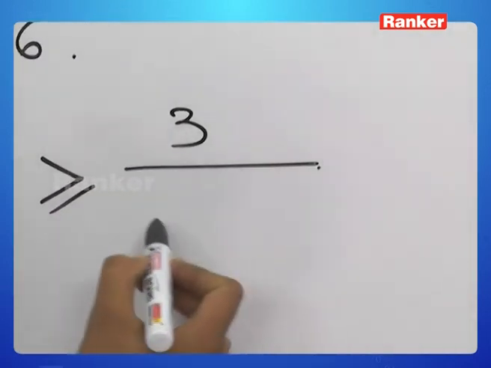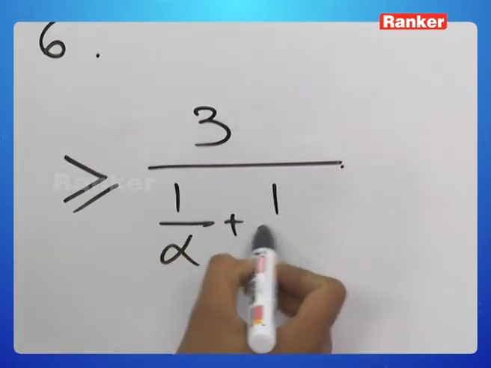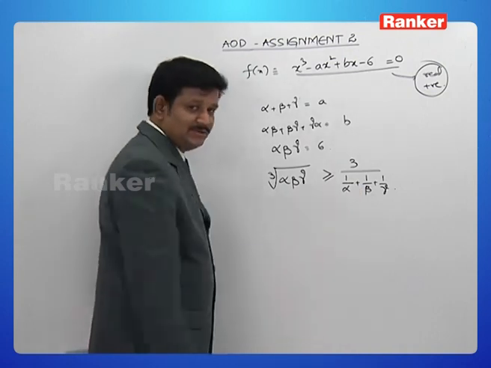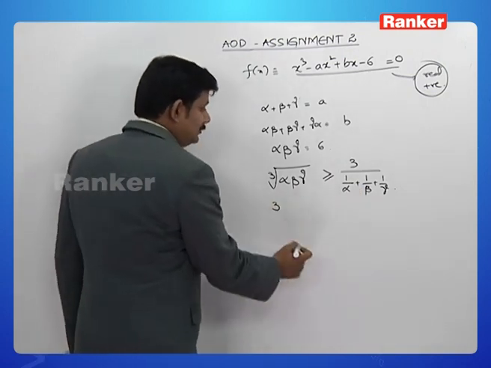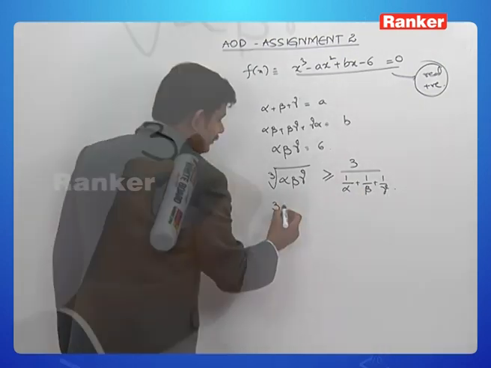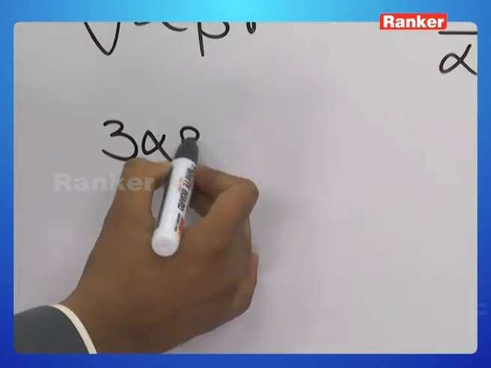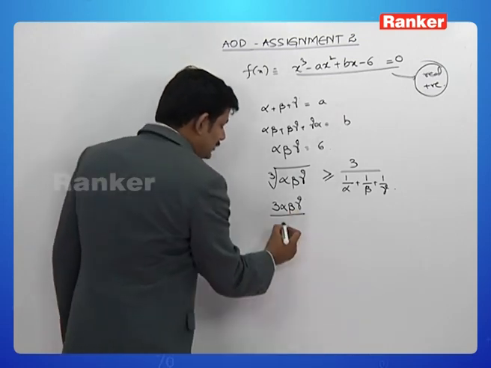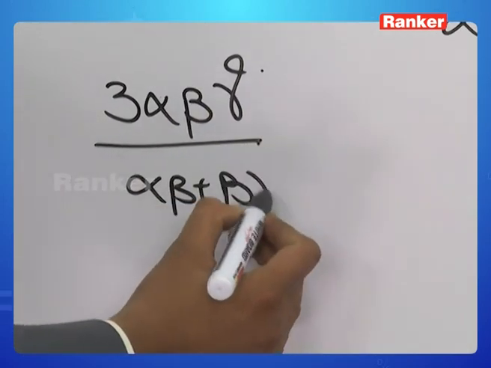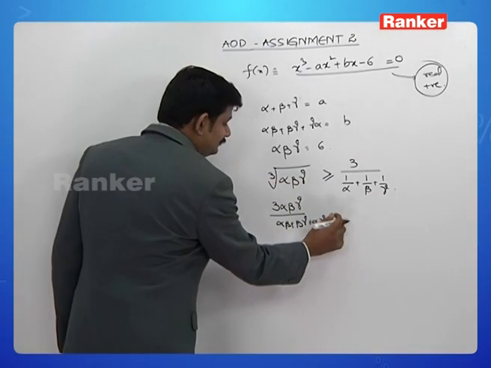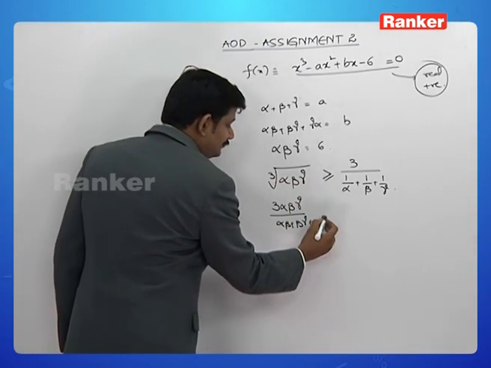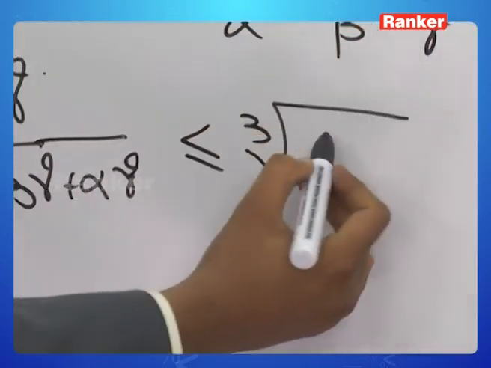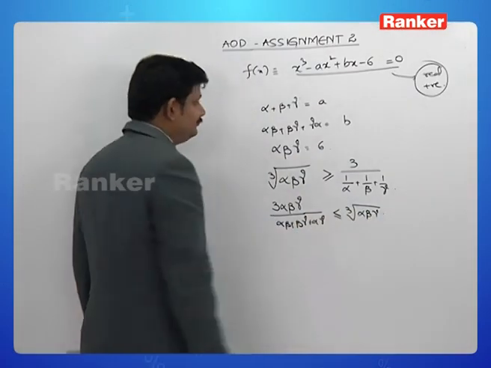Harmonic mean is 3 divided by 1 by alpha plus 1 by beta plus 1 by gamma. Let us take LCM and simplify this. The LCM would be alpha beta gamma. It goes to the numerator. So 3 alpha beta gamma divided by alpha beta plus beta gamma plus gamma alpha will always be less than or equal to cube root of alpha beta gamma.